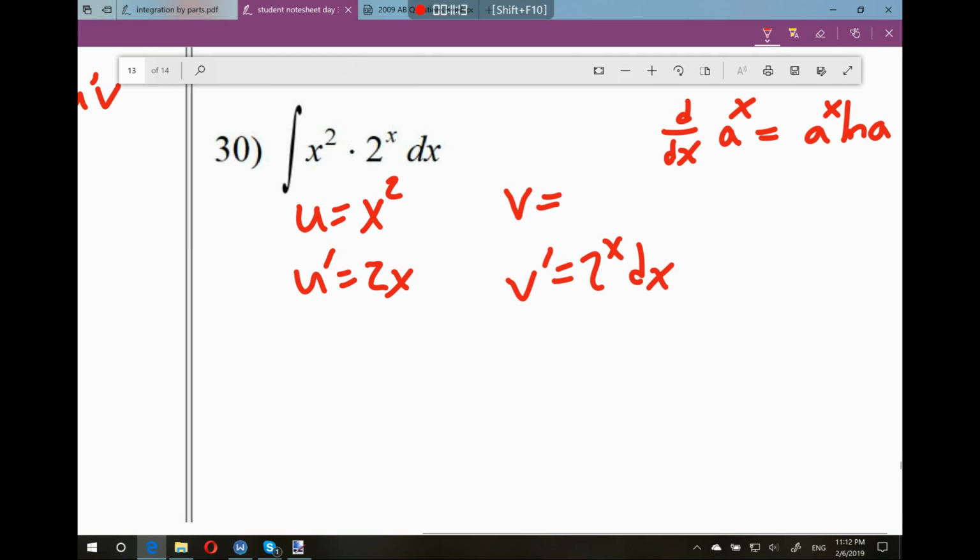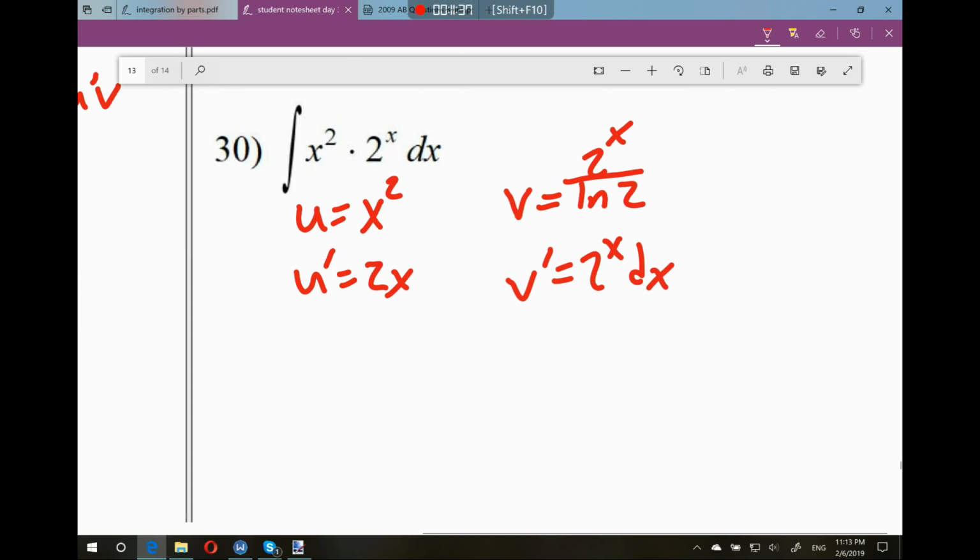So when I derived, I multiplied by the natural log of a. So when I integrate, what do you think will happen? Oh, it's 2 to the x divided by ln 2. Perfect. So when we integrate, we'll do the opposite. So I should divide by ln 2. So this is 2 to the x over ln 2.